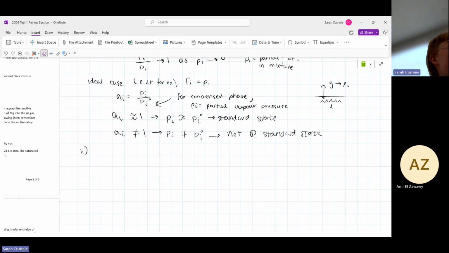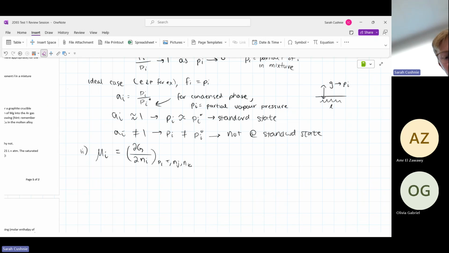Anyways, the next thing that it asked us for is the definition of the chemical potential. So again, we have a mathematical definition of chemical potential, and it's given by a literal mu, the chemical potential of component i in a mixture, and this is just going to be equal to the partial differential of the Gibbs energy, dG over dn_i at p, T, and n_j, n_k, and so on.